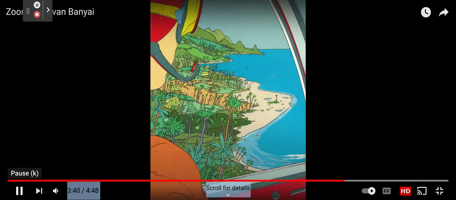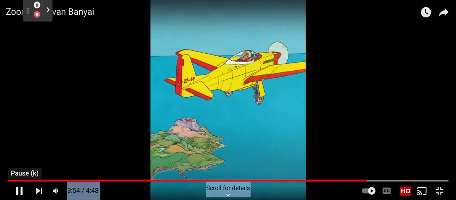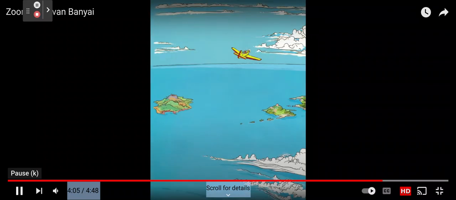Okay, so now we see that this is a perspective from somewhere else. It sounds like and looks like it might be a helicopter or a plane, and it's the pilot's perspective. Oh, it is a plane, and he sees a volcano, and he's flying over what looks like the ocean.